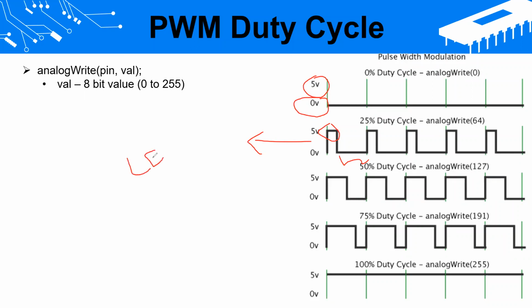If you consider the LED, this LED thinks it's getting a reduced voltage, but actually we are giving 0 and 5 volts with these time durations. We keep switching on and off: on for 100 milliseconds, then off for 500 milliseconds. By doing this, the LED thinks it's getting a reduced voltage of about 2 or 3 volts. That is pulse width modulation.